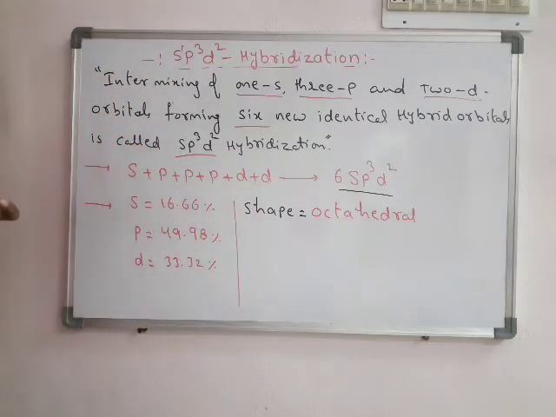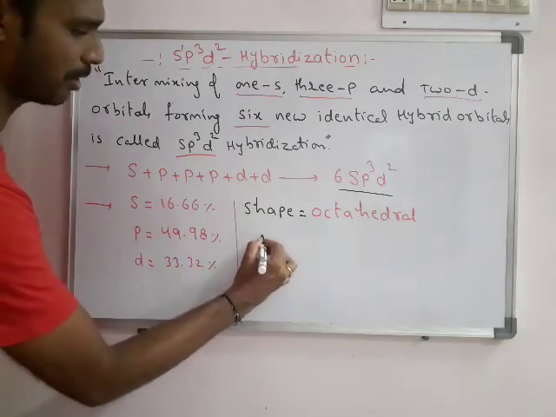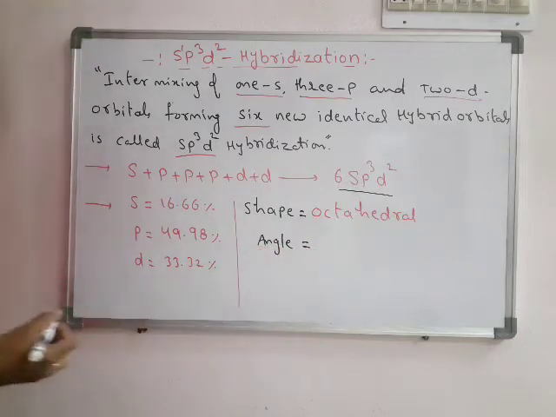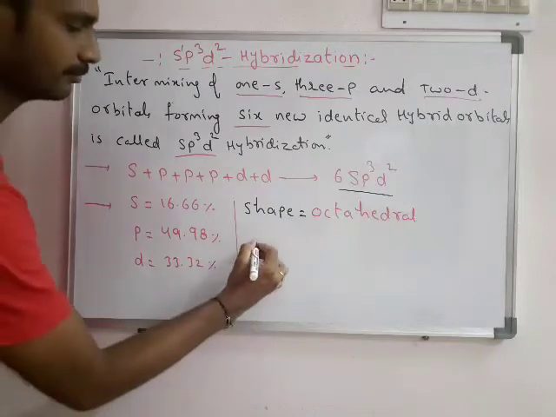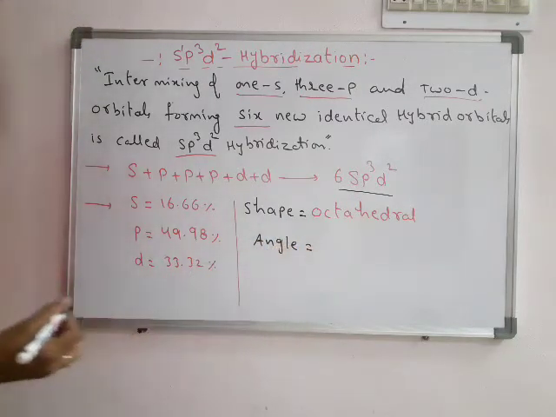Octahedral. Next, what is the angle between the adjacent hybrid orbitals? In octahedral there are two possibilities.